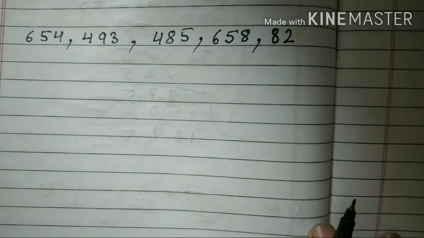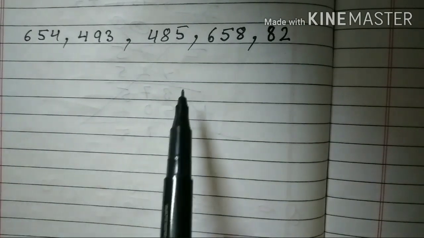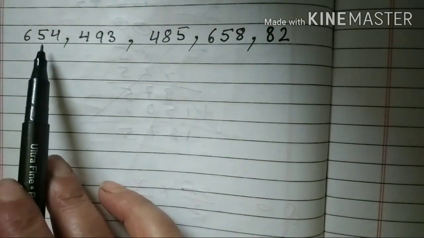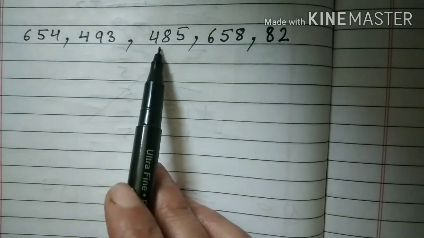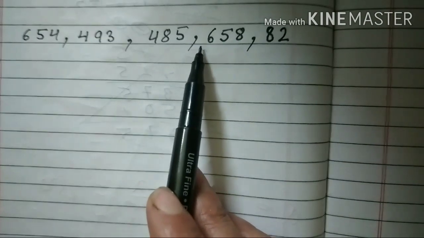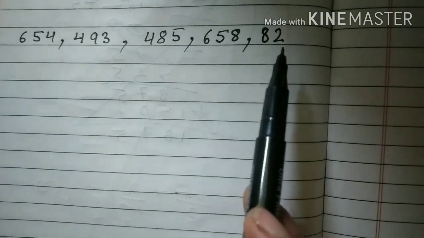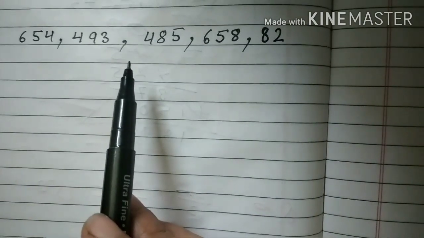The first rule was that we have to count the digits of the given number. So here we have 3 digits number. This is also a 3 digits number. This is also 3 digits. This is also 3 digits. And now it is a 2 digits number. So 2 digits numbers are always smaller than 3 digits numbers.